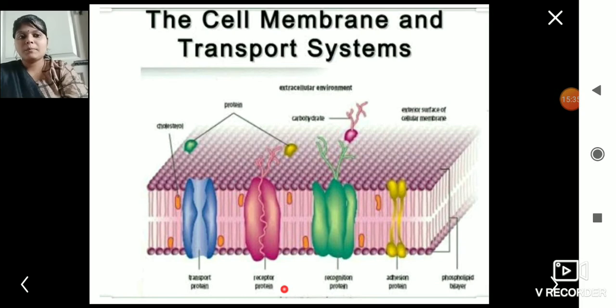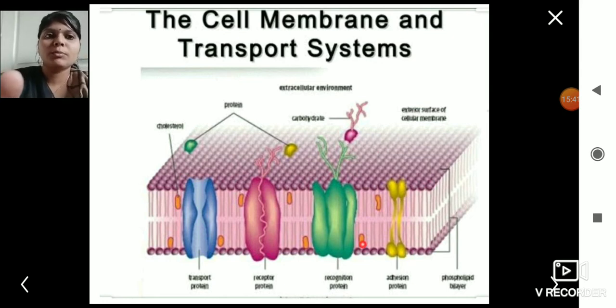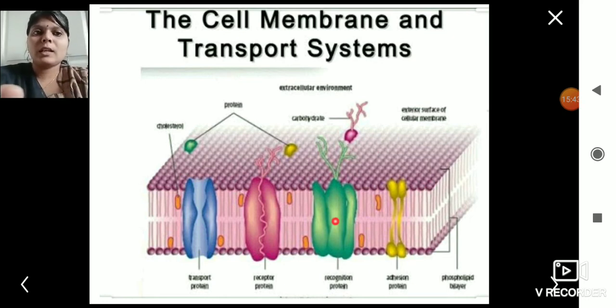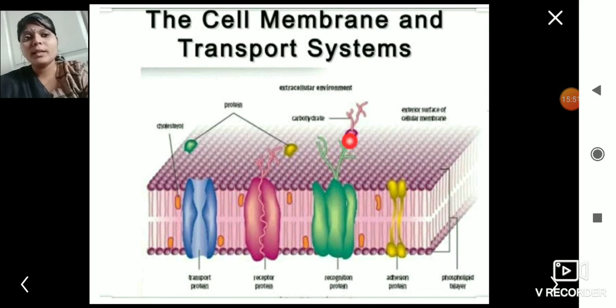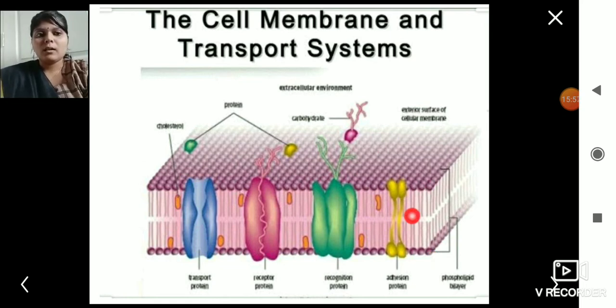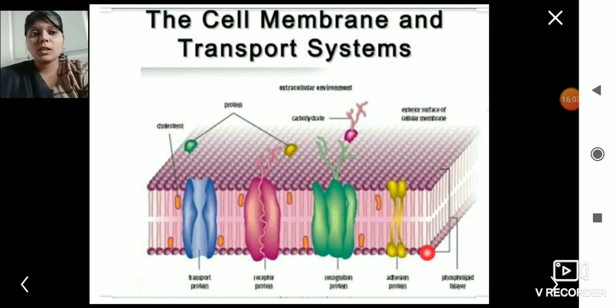See, this is the receptor protein, and this is the recognition protein, which is recognizing certain substances on the receptors, such as hormones which have attached to it. So these are the receptor or recognition proteins, and here you have the adhesion proteins.